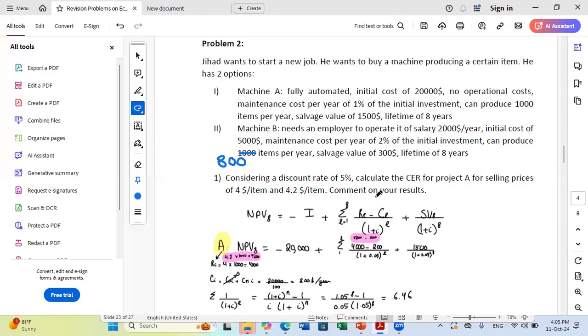The idea is in general that in the majority of cases, if a project is better, it will have higher IRR and higher CER. But in some particular cases that we will now discuss, for example, the income varies with years, so the net income, or I minus CI, is not the same, or it is decreasing with time, or the lifetime of the project will affect the comparison a lot.